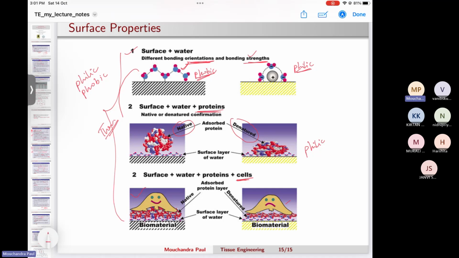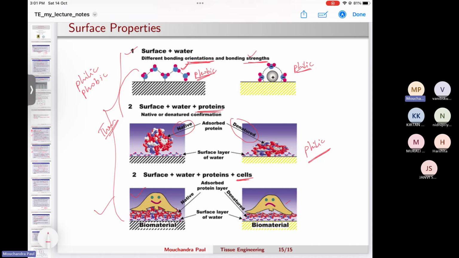It is often seen that if the protein is not adsorbed, then the cells won't adhere. So highly hydrophilic surfaces, if you remember that statement, do not favor cell adhesion.